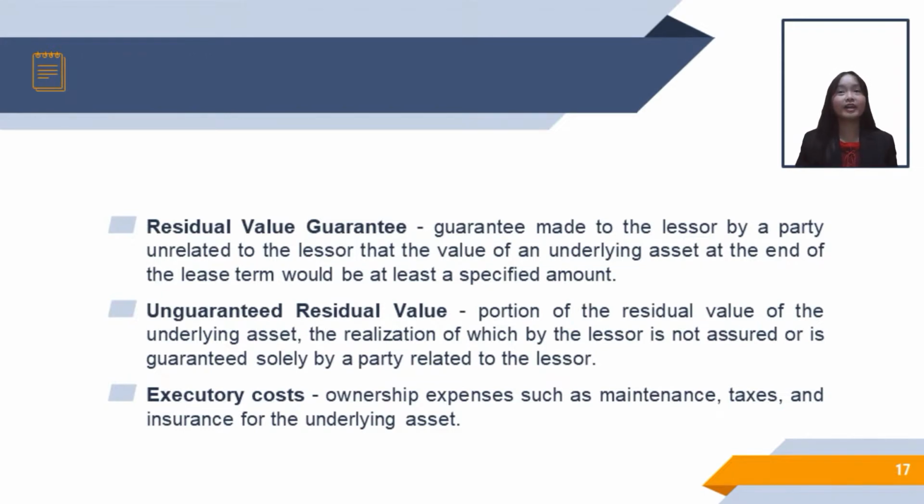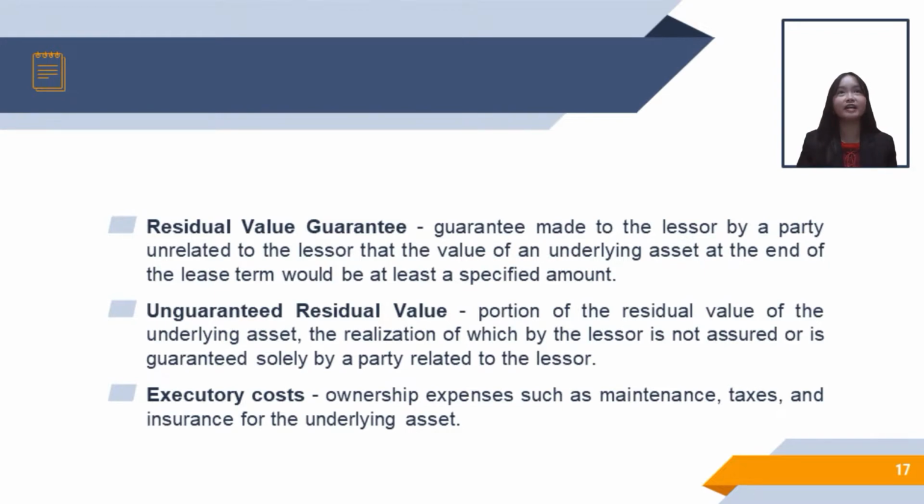So, magbibigay ako ng example para sa residual value guarantee. So, ayun nga, 200,000 ang sinabi ni lessor na dapat value ng property, pero 180,000 lang ang naging fair value nito at the end of the lease term. Basta sinabi ni lessee na dadagdagan niya para maging 200k, ibig sabihin guaranteed ang fair value.